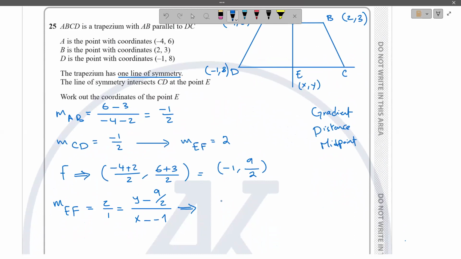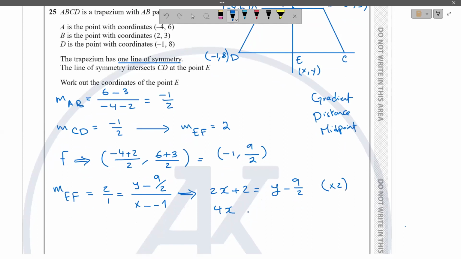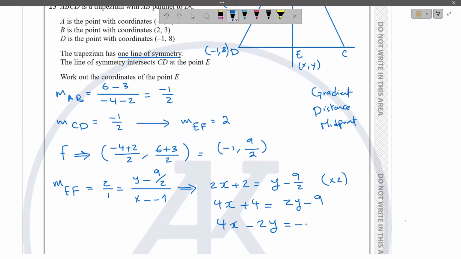So as an equation, we can write 2x plus 2 equals y minus 9 over 2. I'm going to multiply by 2, so it's 4x plus 4 equals 2y minus 9. So we can write in the form 4x minus 2y equals -13. And this is our first equation.